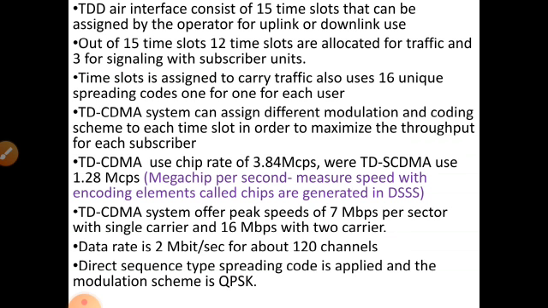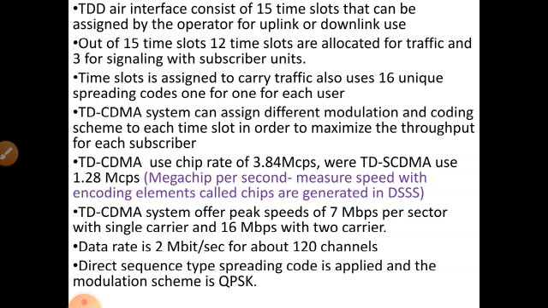This TDD is an air interface consisting of 15 time slots. The time slot is mainly used for assigning the timing interval, and based upon the time slot we can assign resources for the network. This TDD air interface consists of 15 time slots, and these time slots can be assigned by the operator for either uplink or downlink.